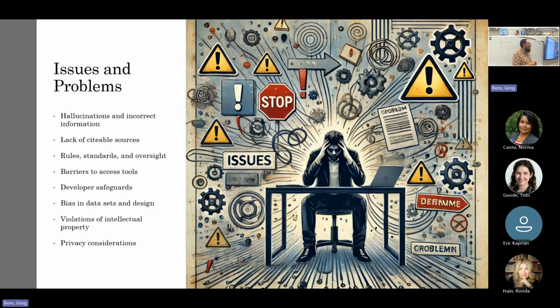Yes, these tools have very unfortunately scraped the internet and taken a lot of art and a lot of music and a lot of creative works, poems, stories, novels, to be part of the data set in order to train the models. And so there have been violations of intellectual property, and things are happening so fast that the government hasn't really been able to significantly respond to that at this time.